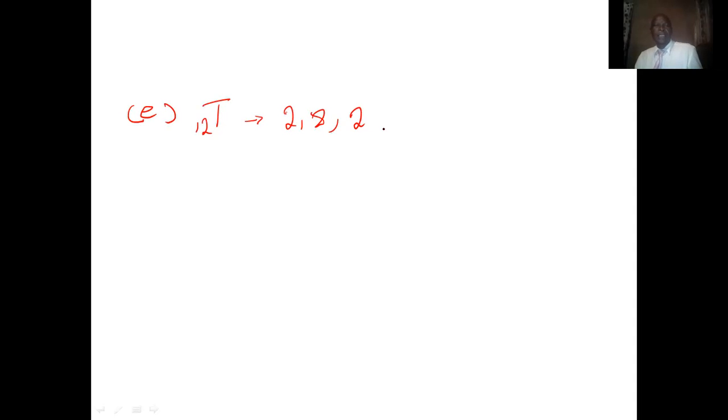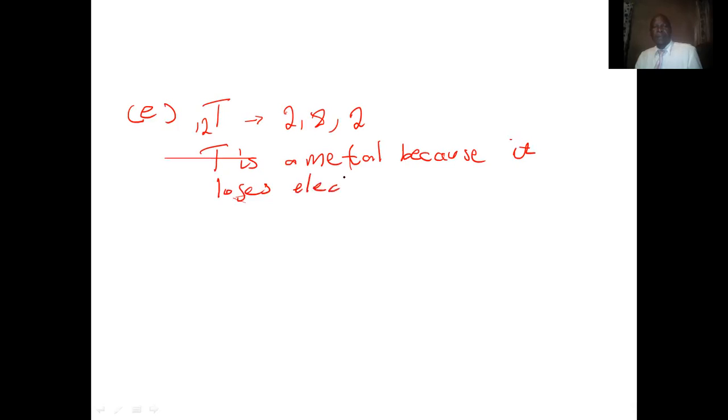So for this one, T is a metal because it loses electrons to be stable.